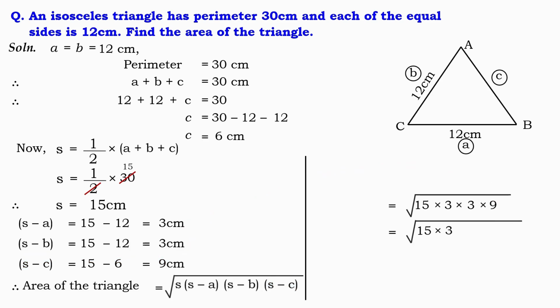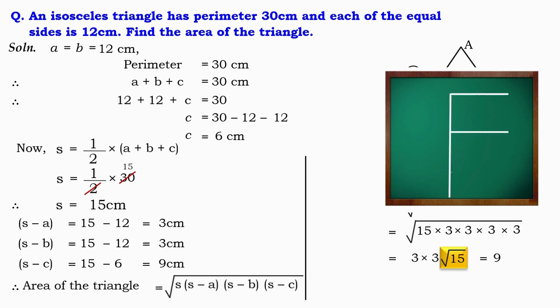So 15 into 3 into 3, and 9 will be 3 into 3. Now we can see there is one pair of 3 and another pair of 3. So these 3s will come out, and 15 will remain inside the square root. So that is 9 root 15.